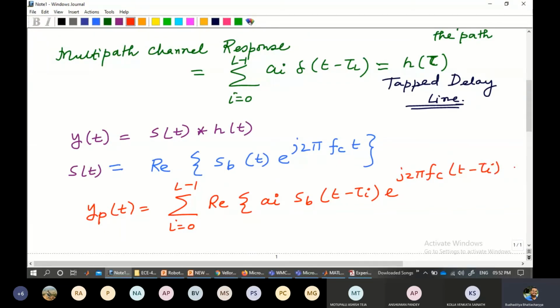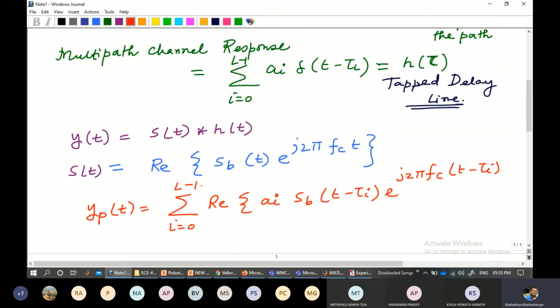Just see what I did. This was tau_i over here. So the first element, the zeroth path, will be a_0 s_b(t minus tau_0) multiplied by e to the power j 2 pi f_c (t minus tau_0). It will be like that for each path because this is a summation.